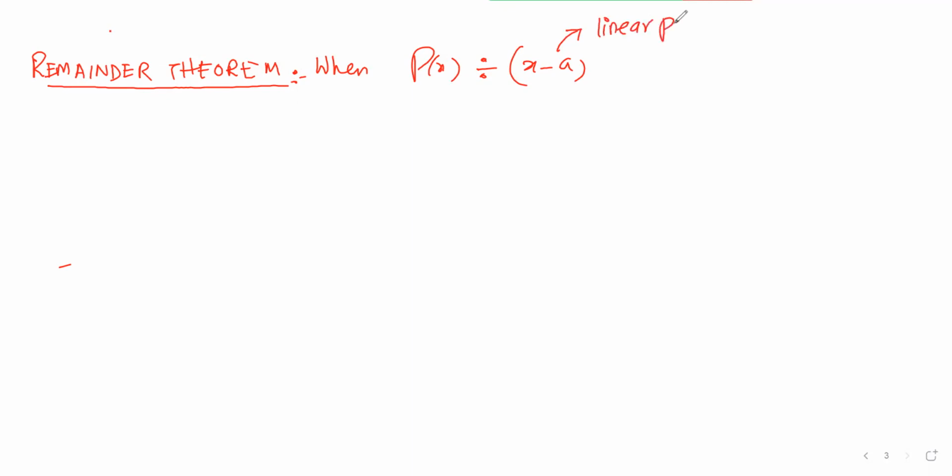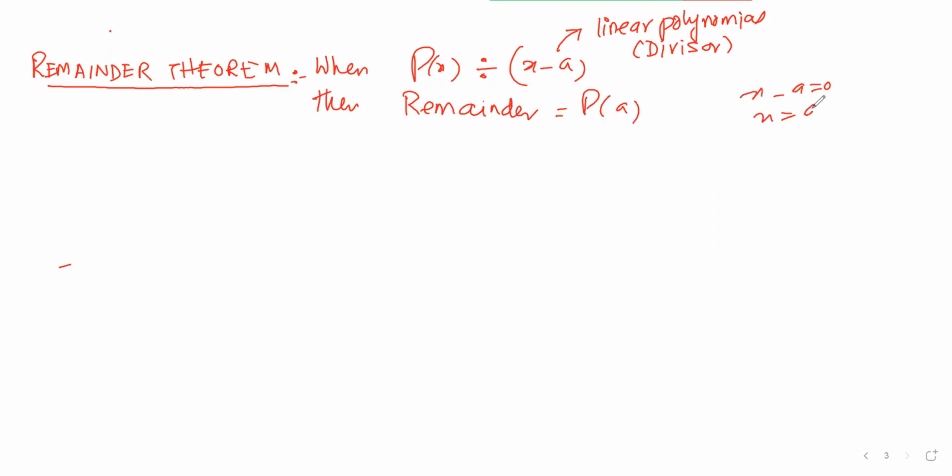The theorem was: when p(x) is divided by x minus a, a linear polynomial, which is the basic condition for the remainder theorem, then prove that the remainder is p(a). The same: find the value of x from here and use it in the dividend.